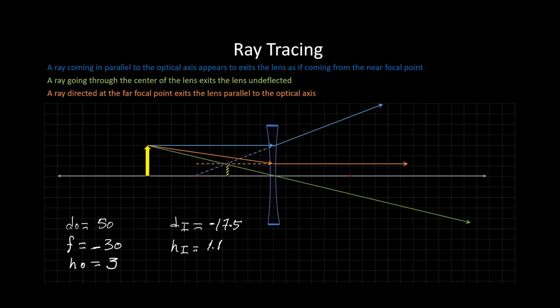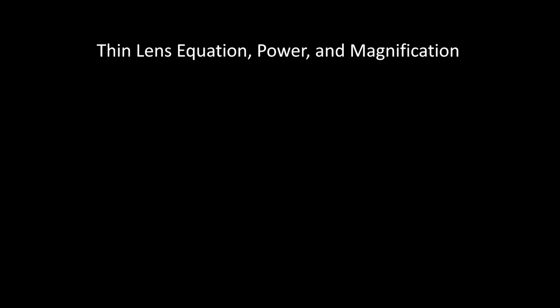All right. Let's see if we can now use the lens equation and get something reasonable as compared to this. Here's our lens equation, power and magnification computation. Again, the lens equation, the same as before: 1 over f is 1 over di plus 1 over do.